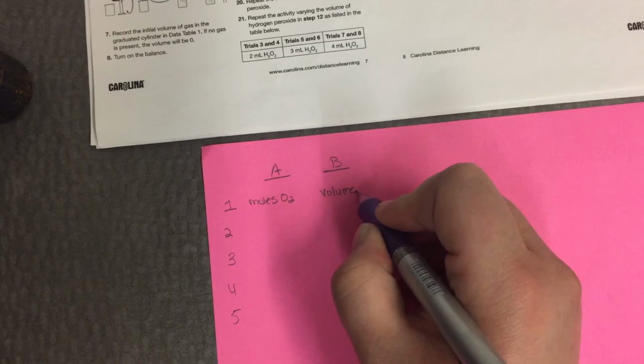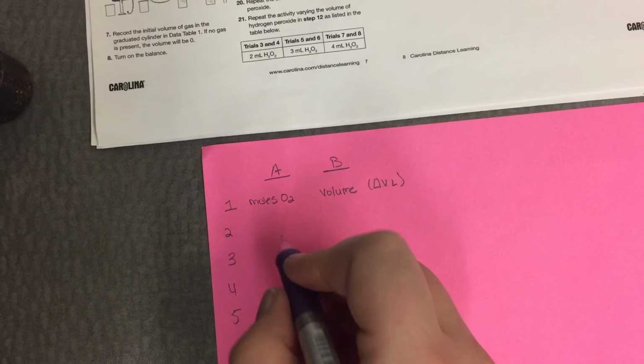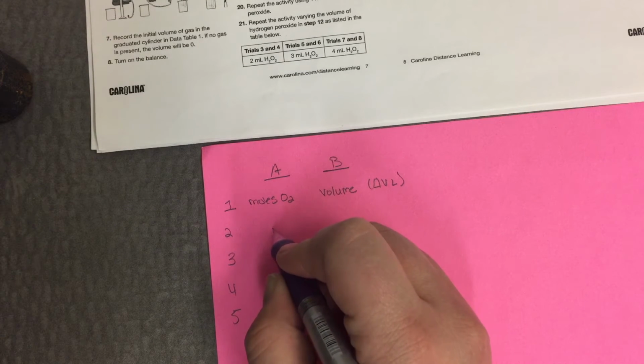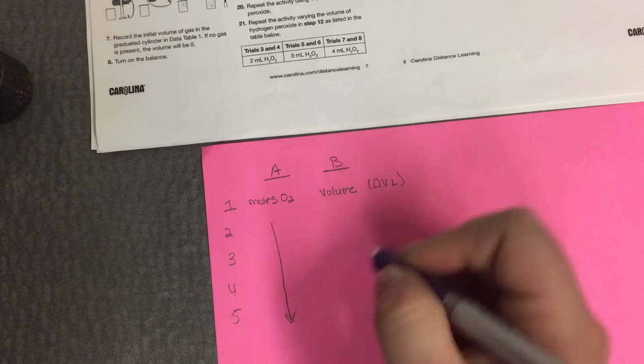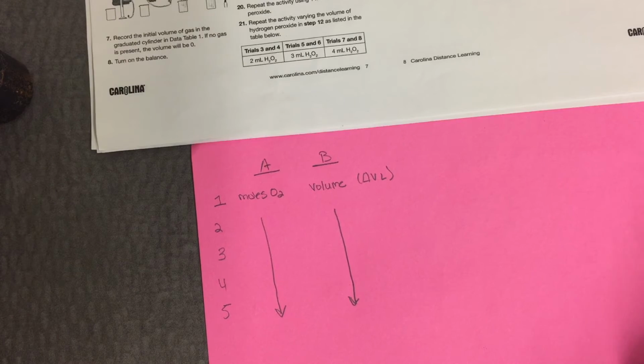So that's going to be delta V in liters from your table. So these two things come from your table. And then you're going to have your numbers from 1 to 8, and your numbers from 1 to 8. And then you're going to have to make a scatter plot.